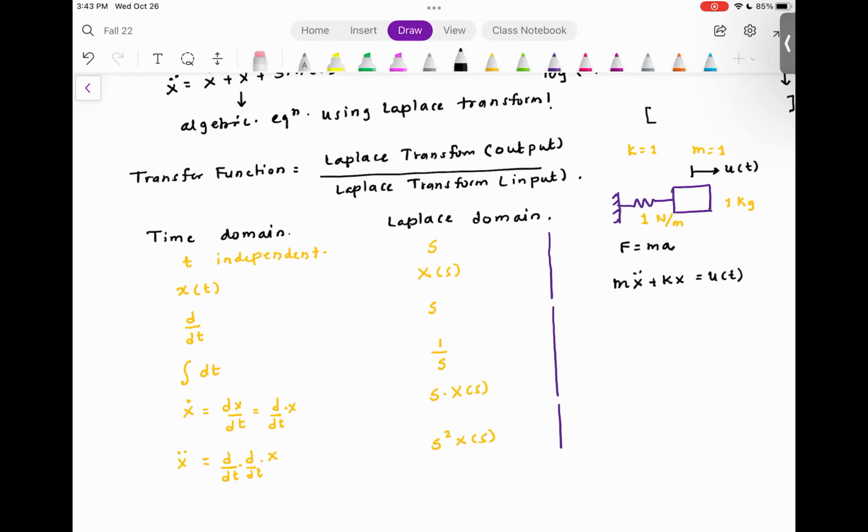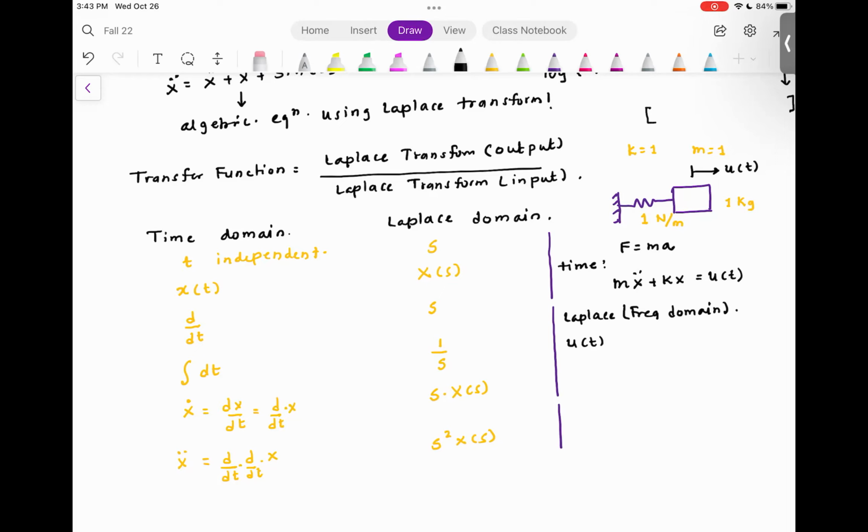So this equation is in the time domain. Now, this is very important, I would like to convert this equation to the frequency domain, our Laplace domain. First, let me understand what my input is.